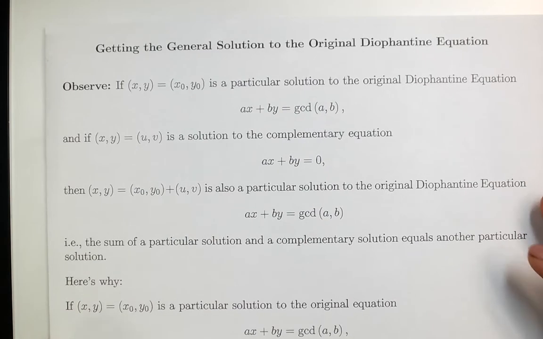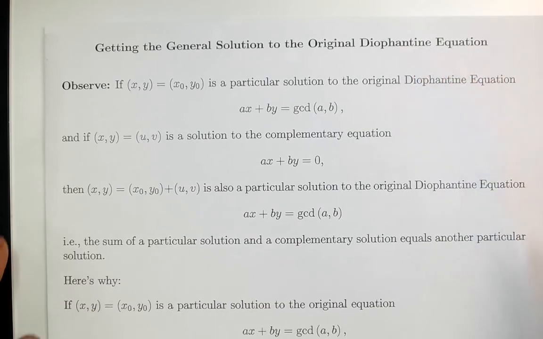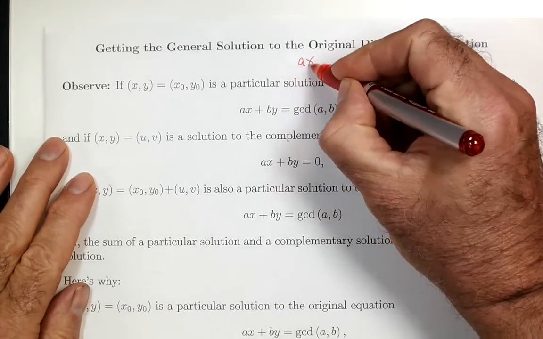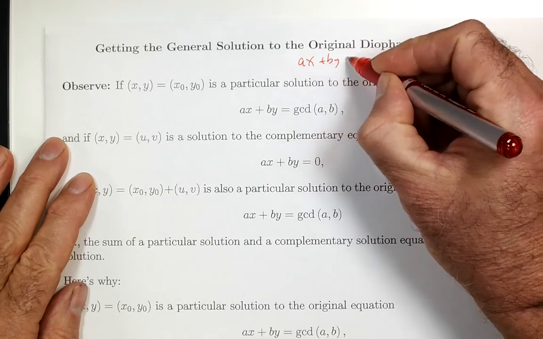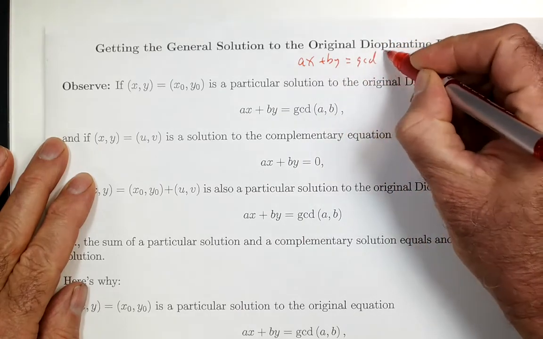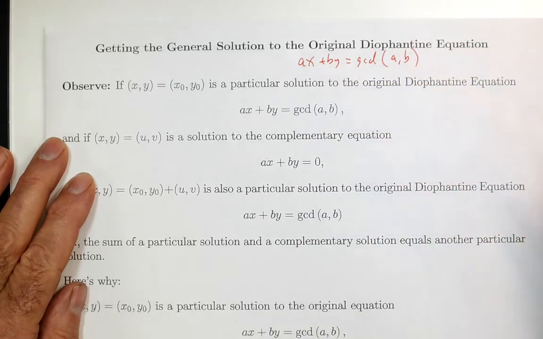We've talked about the general solution to the complementary equation. Let's get back to the original Diophantine equation, and that's ax plus by equals the greatest common divisor of a and b.